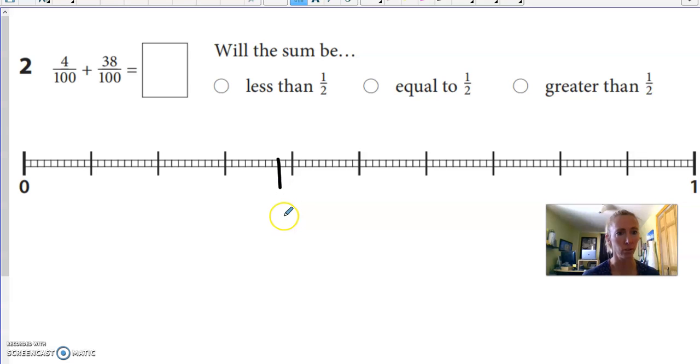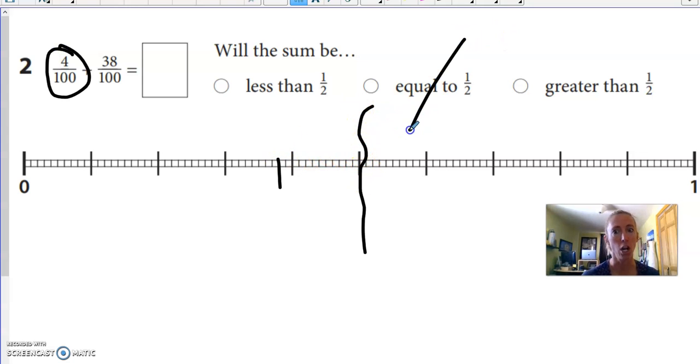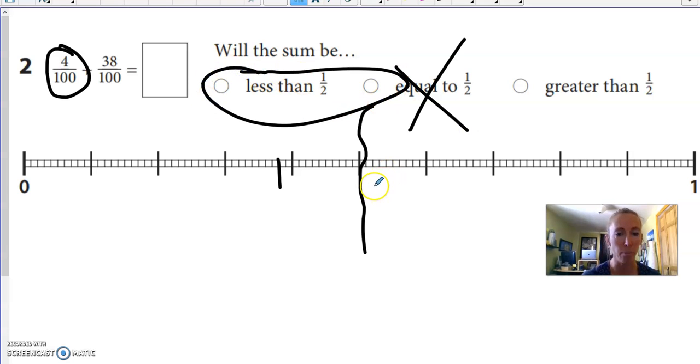So 38 hundredths is right here. And here is halfway. If I add on 4 more hundredths, am I going to get to the halfway point? No, I would need more. So it's actually going to be less than half. How much less? Well, here was 38, and then I need to go 4 more. 39, 40, 41, 42. There it is. 42 of the hundredths. Awesome.